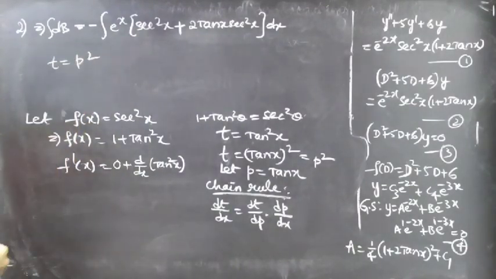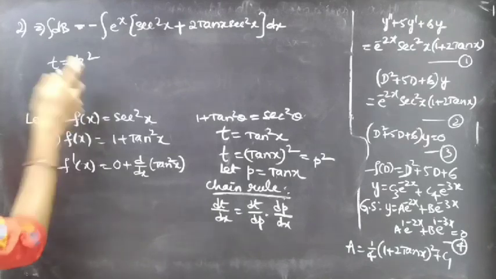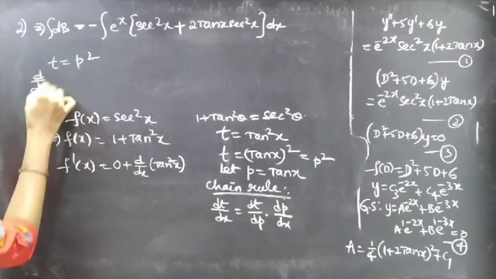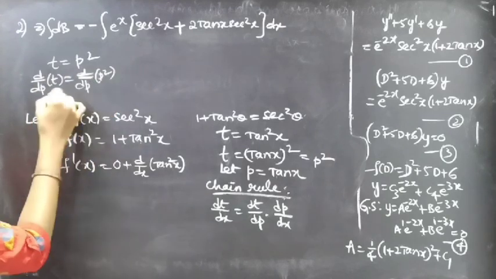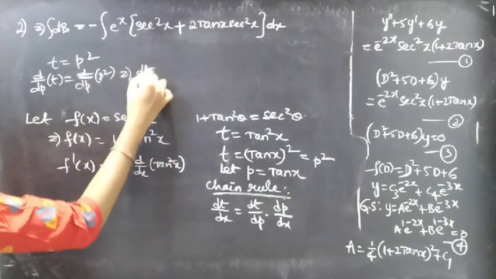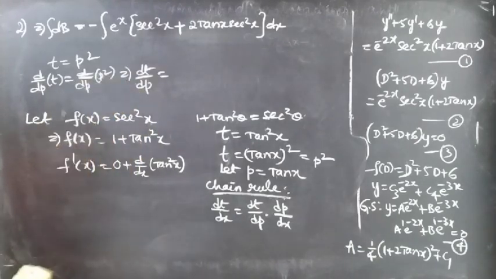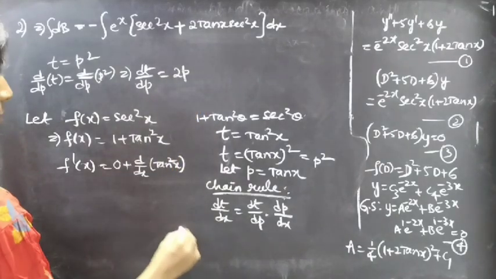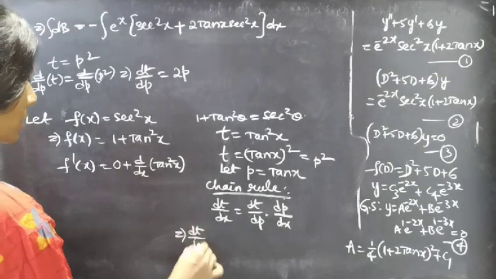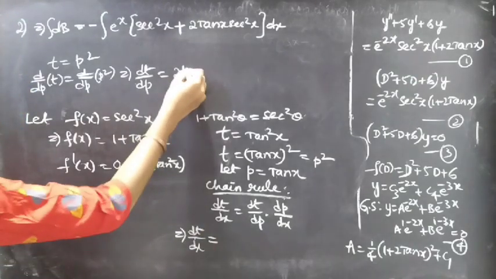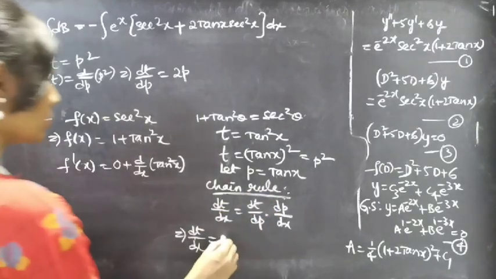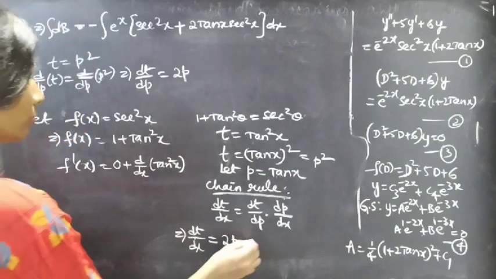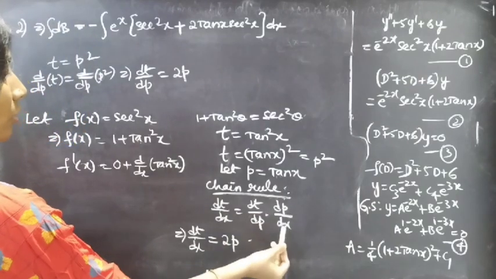Now differentiate on both sides with respect to p. We'll get dt by dp equal to the derivative of p square with respect to p, which is 2p, right? So from this we'll get dt by dx equals 2p into the derivative of p with respect to x.